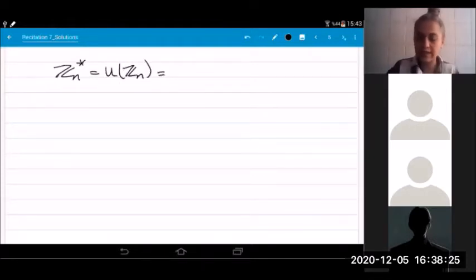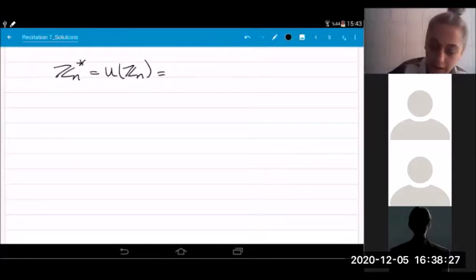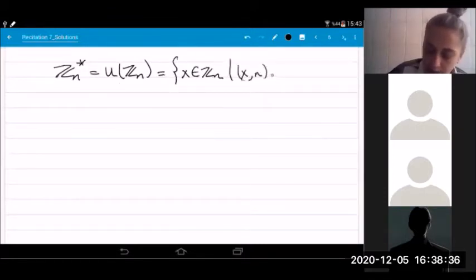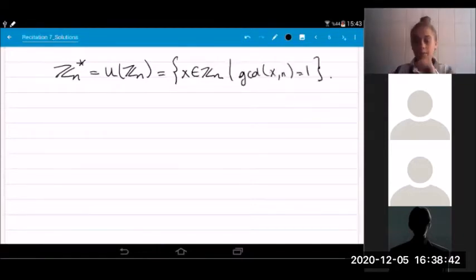You're going to see this notation, I think, in ring theory. This contains all x in Zn for which the greatest common divisor of x and n is equal to 1. If you remember, we were using this one to find the generators of this group. These are actually the generators of Zn, the set of all generators.